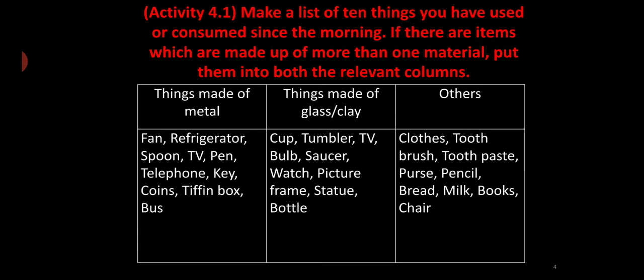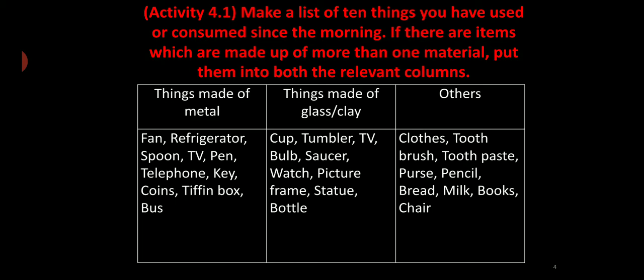And these are things made up of metals, or some parts of them are. In the second column you see cup, tumbler, TV, bulb, saucer, watch, picture frame, statue and bottle. So these are made up of glass.